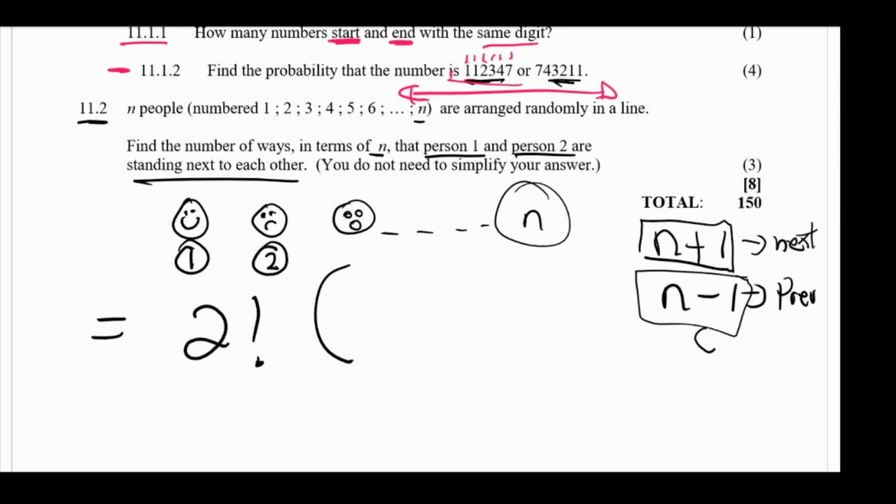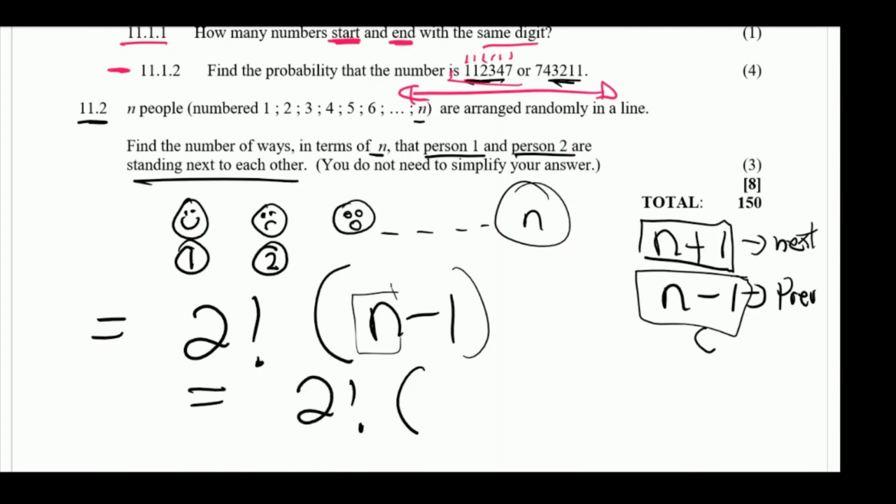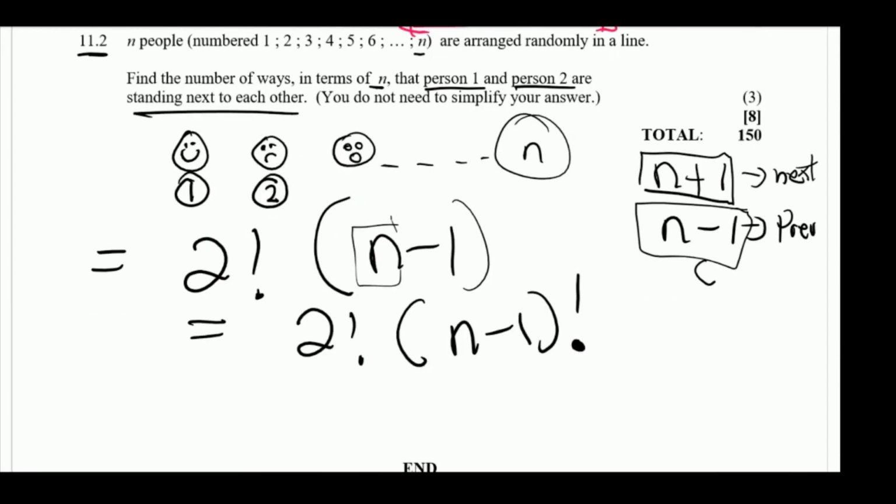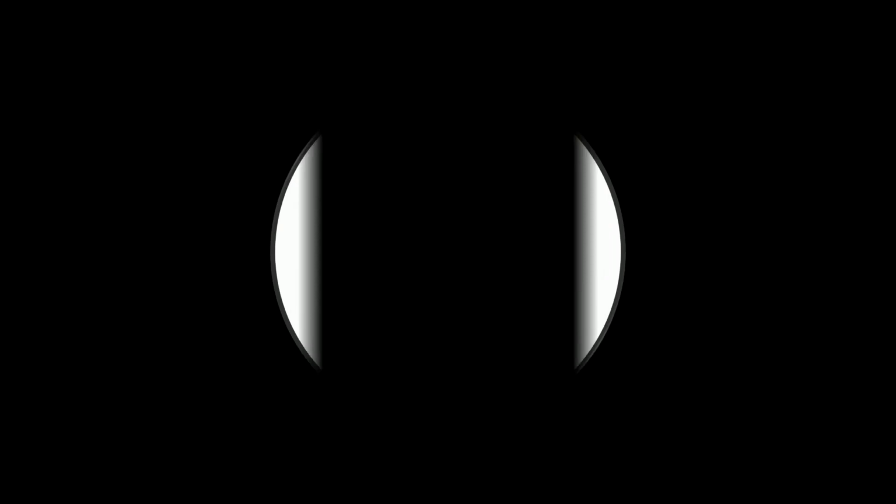We're going to take this n minus 1, meaning that we are going backwards. So this is the forward person, and we say minus 1 because you consider the previous person. So the answer here is going to be 2 factorial times n minus 1 factorial. That is the solution, the number of ways in which person 1 and person 2 will be standing next to each other.